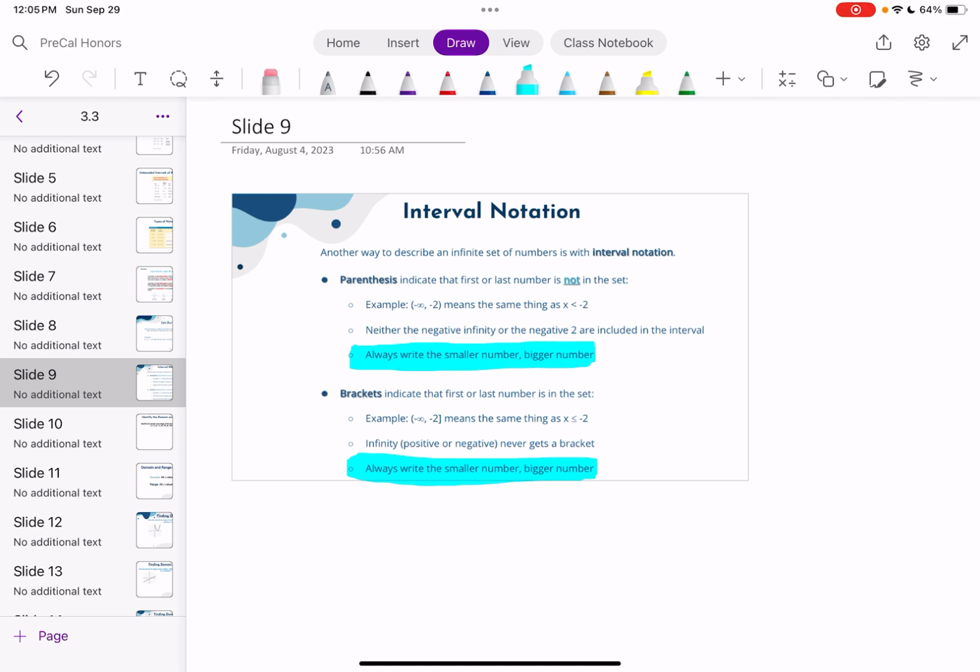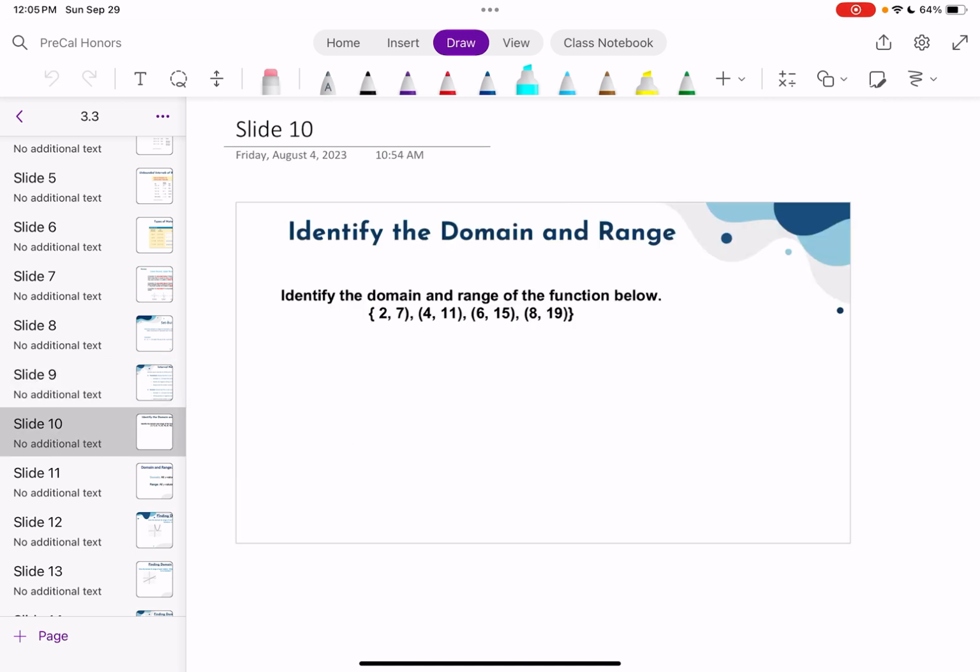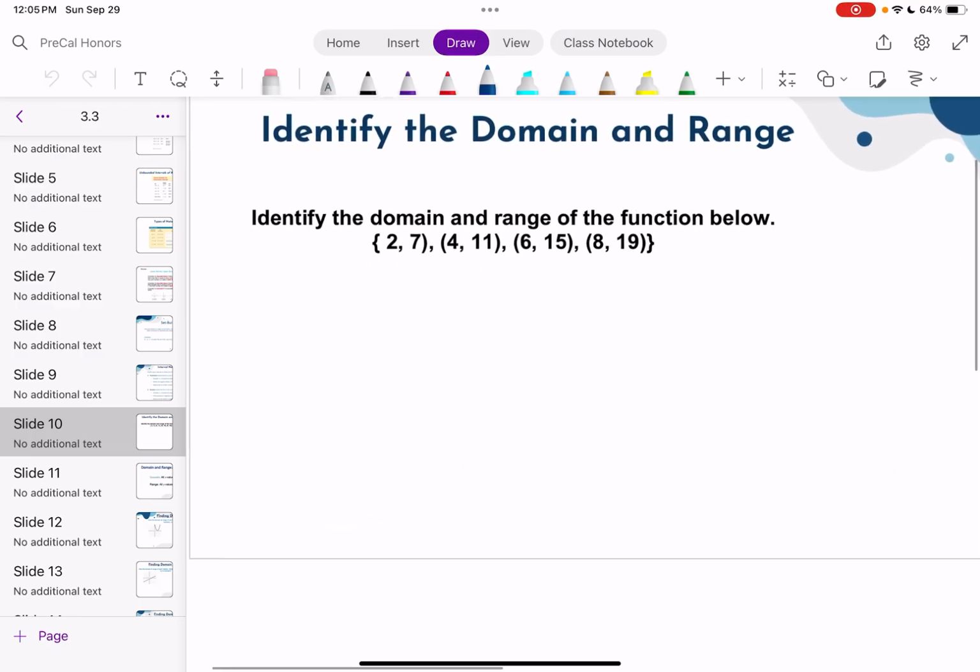Let's go ahead and take a look at slide 10. It says, identify the domain and range of the function below. First thing, let's start off with our domain. Our domain, in this case, can be written in one of two ways: interval notation or set notation.